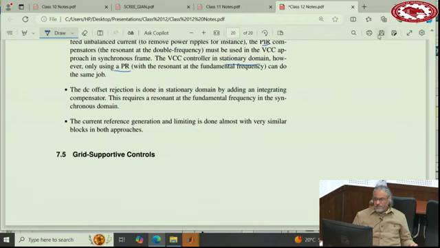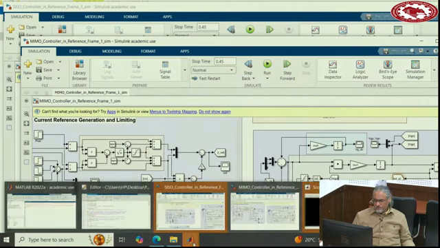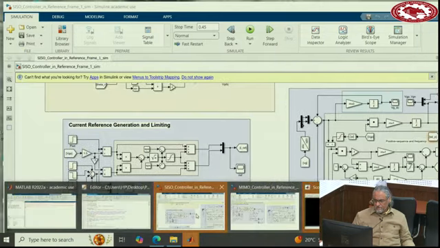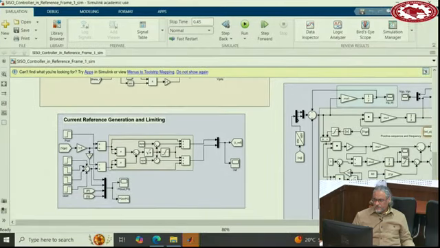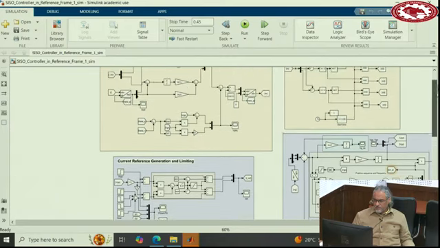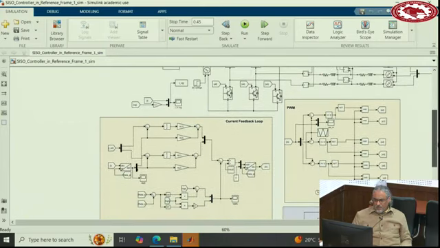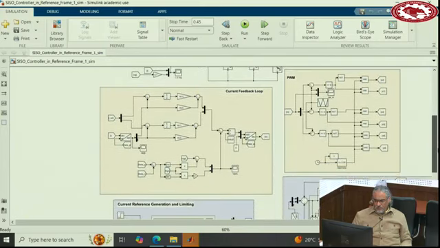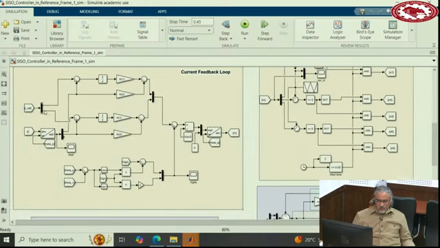Let's see if I have this simulation. The power circuit is as before, and this is the CISO controller in DQ, not in alpha beta, right? So the reference currents are DQ.